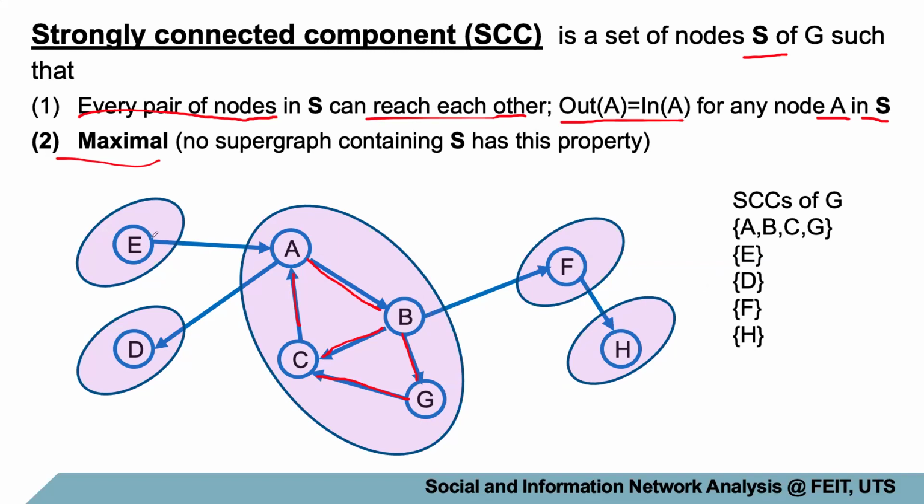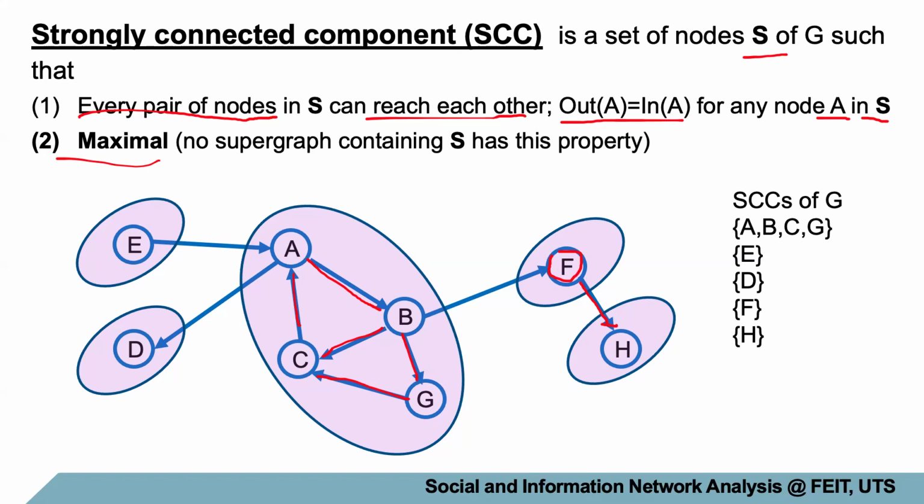And the other four nodes by themselves each constitute an SCC because they can only reach themselves. Like for F, it can reach H, but H cannot reach F. So these are the SCCs.